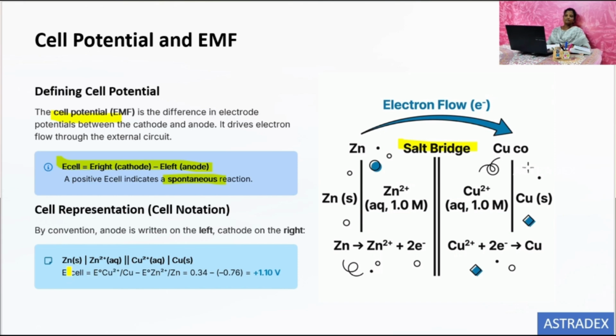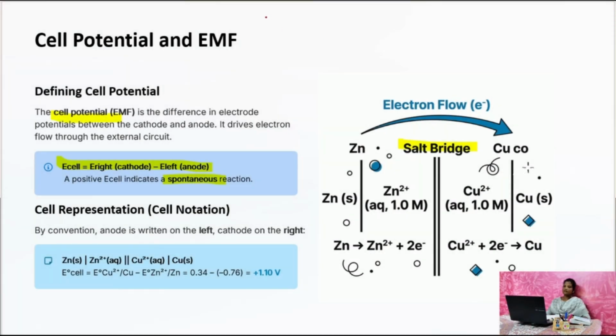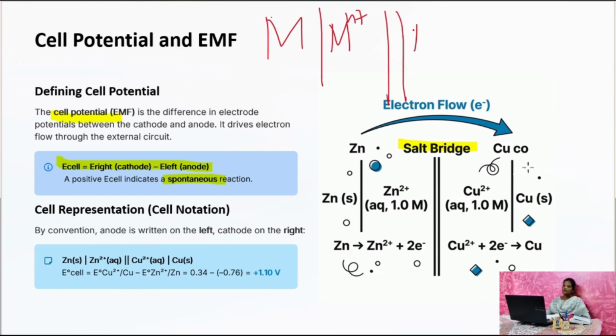So for Daniel cell, how they have written, so this is a reaction which has taken place. So a simple case, here I will write metal, first metal, vertical line, metal ion, here I have to use M n plus, it may be any number of electrons, double vertical line, again metal n plus, vertical line, metal, another metal.